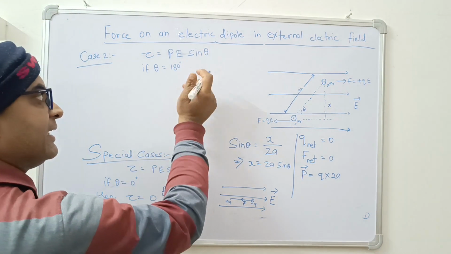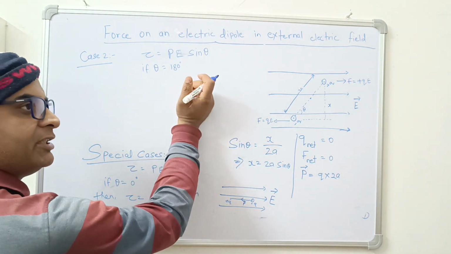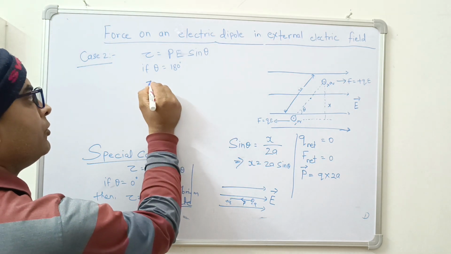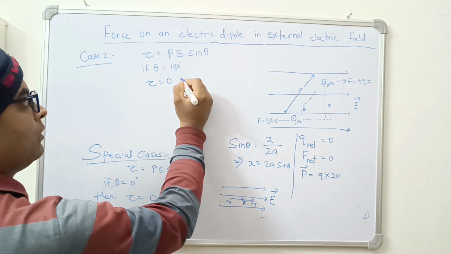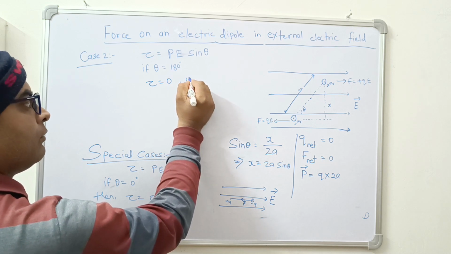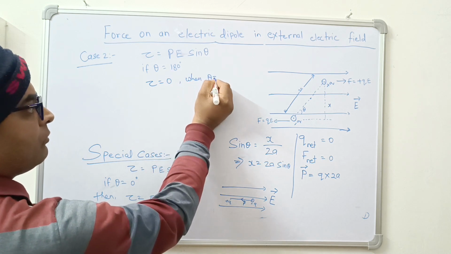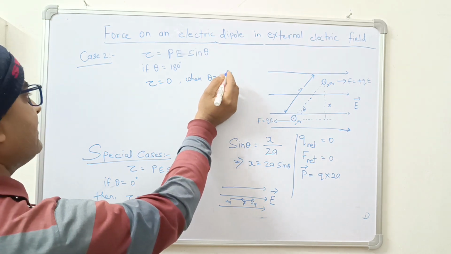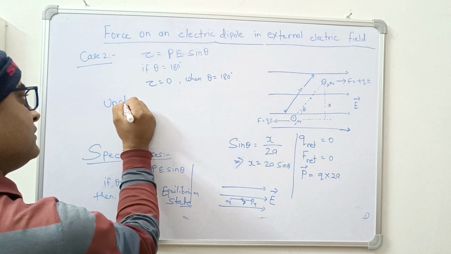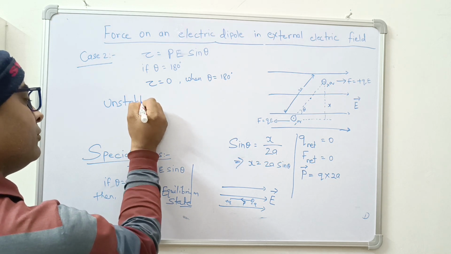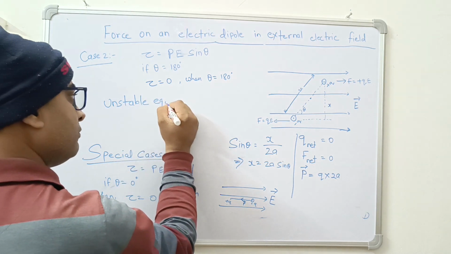Again, sine 180, what is the value of sine 180? It is 0. So your torque reduces to 0 when theta is 180 degrees. And in this case we call this state unstable equilibrium.